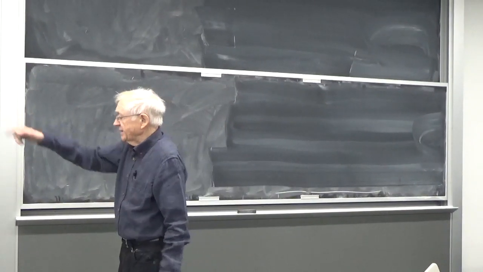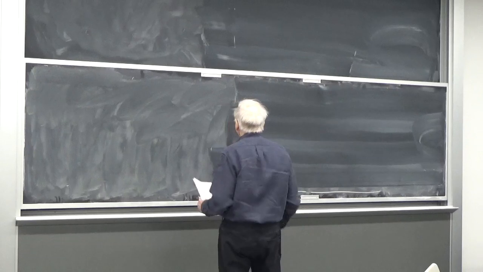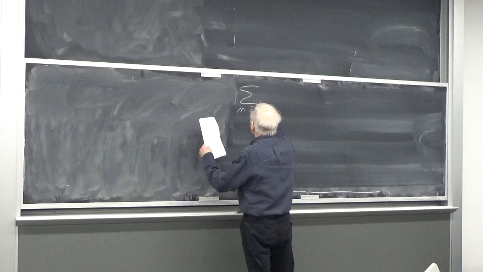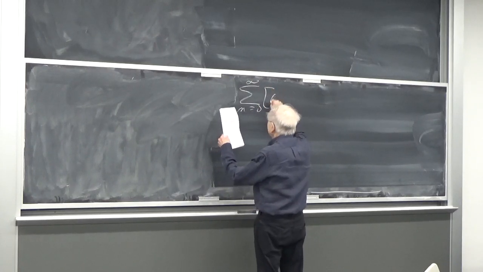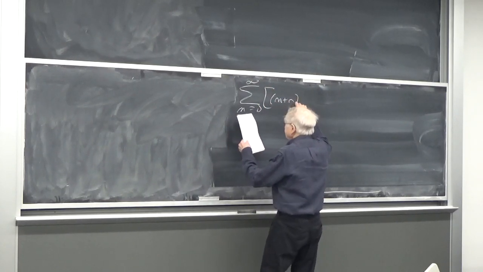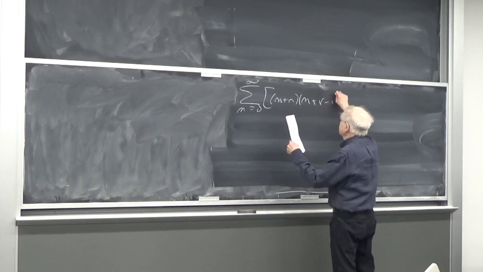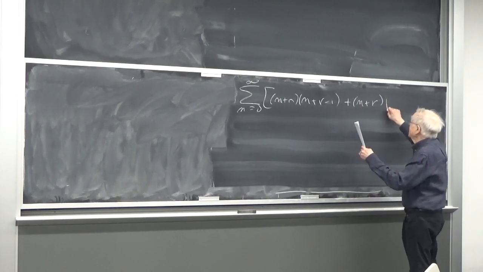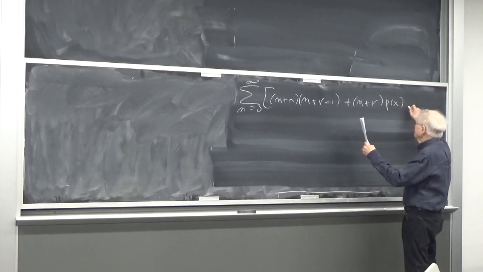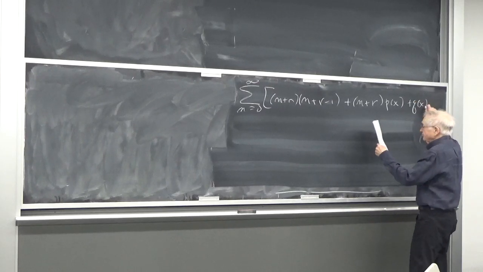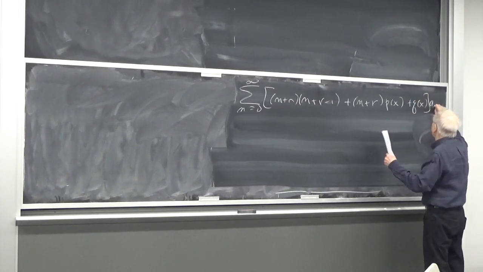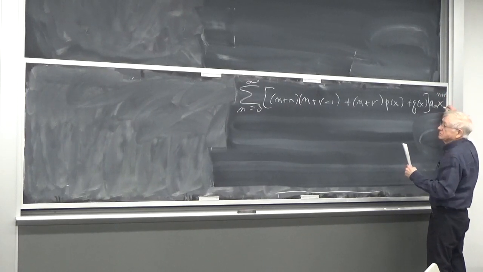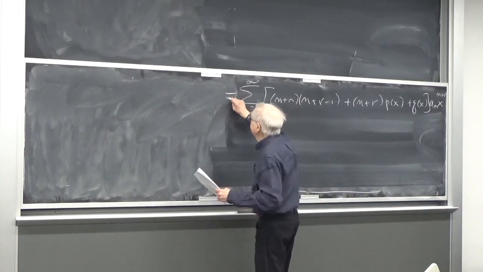So we substitute that in there, and then we get this differential equation. Sum n equals 0 to infinity, (n plus r)(n plus r minus 1) plus (n plus r) p of x plus q of x, a n x to the n plus r equals 0.